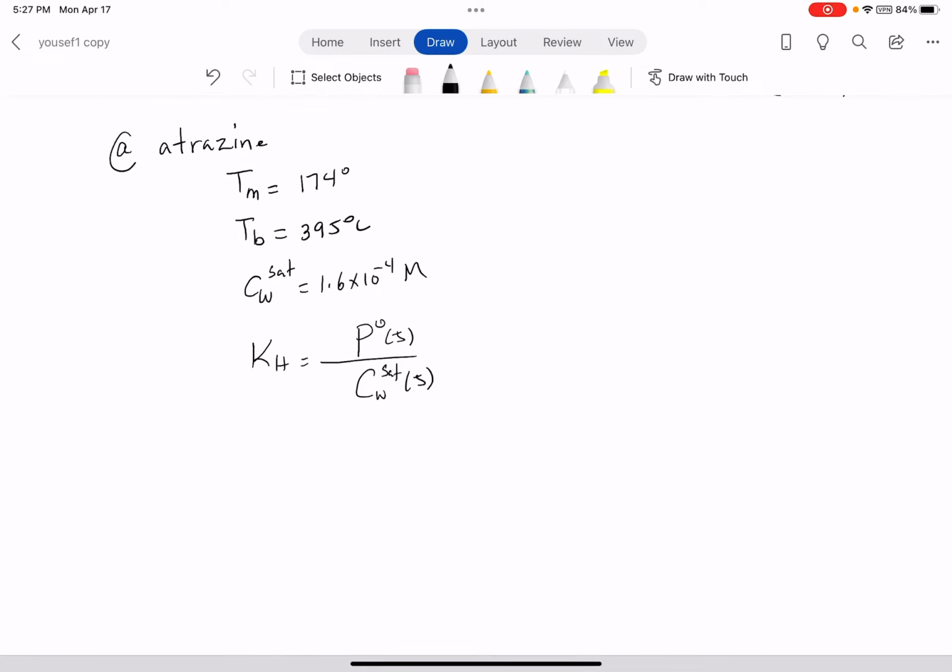To do that, we first need to estimate the vapor pressure of the subcooled liquid using the equation we have in the notes, and I will try to give you this equation here.